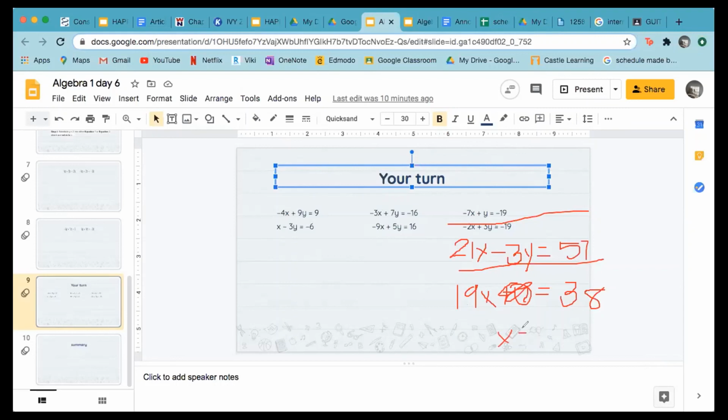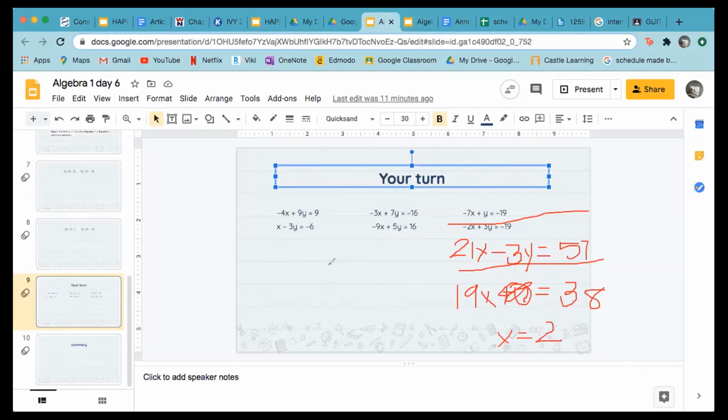Right. Why did you cut the 10? I'm sorry, that's a 0. I think it's my handwriting. Ah, okay. It was plus 0, so you could just disregard that. So it'll be 19x equals 38. And you said divide by 19, right? And you would get 2. Great. Okay, so now we have our x value.